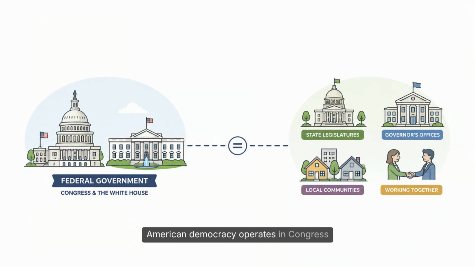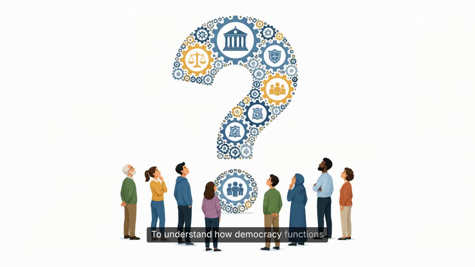American democracy operates in Congress and the White House, and equally in state legislatures, governor's offices, public agencies, local communities, and the everyday interactions between citizens and their elected representatives. To understand how democracy functions in the United States, we must examine how state institutions represent citizens and respond to their needs.